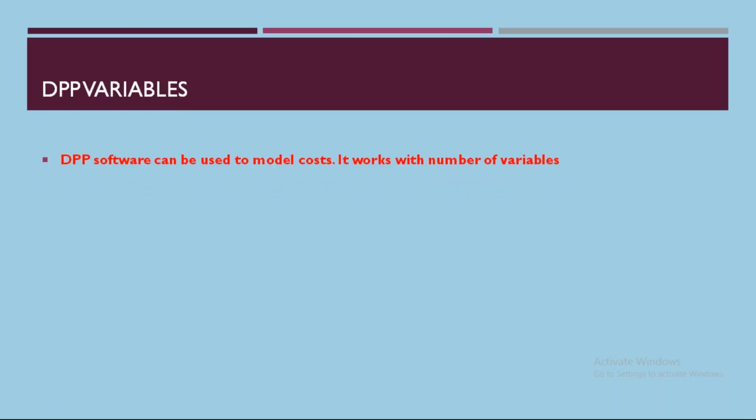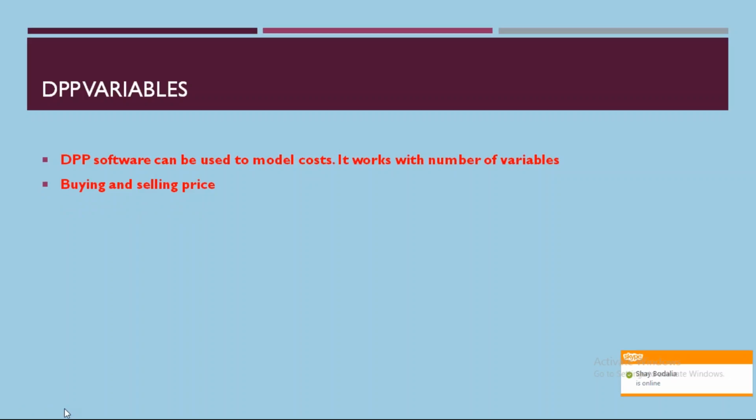Also, we can look at how it works out, because there are many variables in the direct product profitability. Surely the variable cost, and also some of the overheads can be variable when we try to apply it on the direct product profitability.